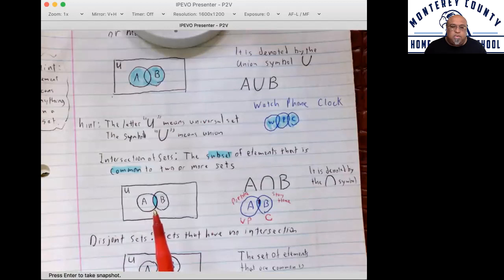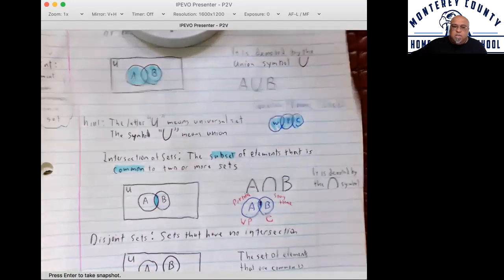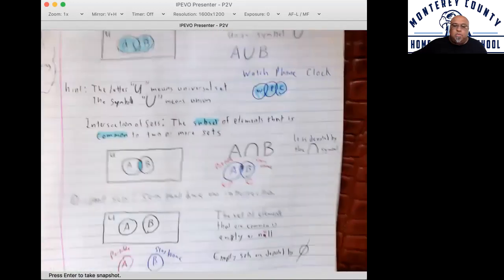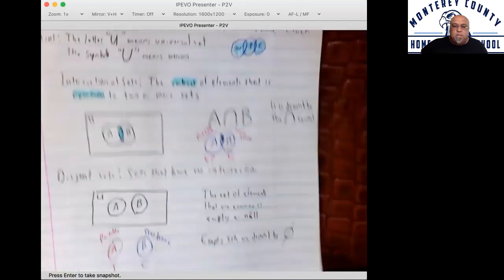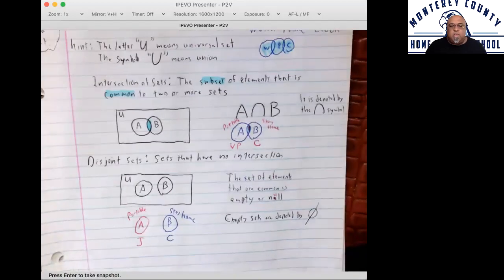Not necessarily only exist, but I have set A, which is unique. I have set B, which is unique, but I have the elements that are in set A and B that are the same. And then I have the disjoint set, which are two sets of elements that have nothing in common, okay?